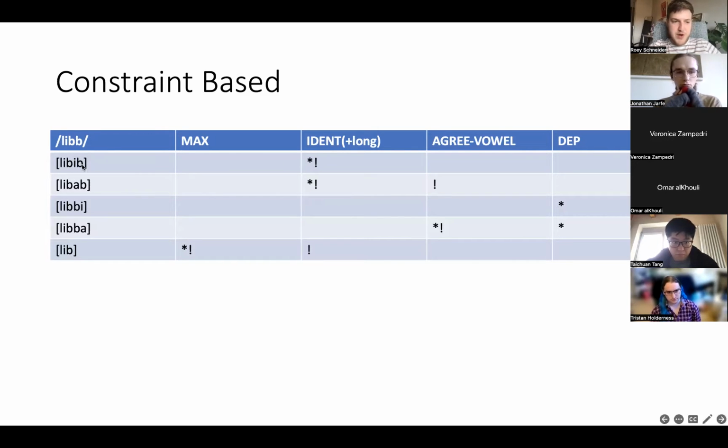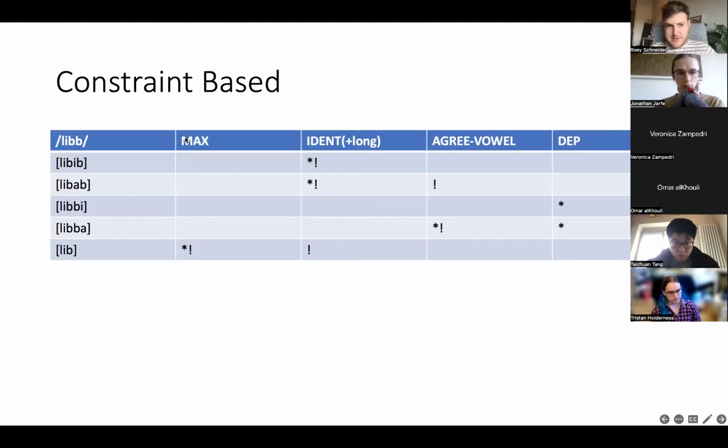So these are just different options of realization, and they are each ranked by how many constraints they violate. So what are constraints? Constraints are things that languages don't like or something like that. But obviously, every word violates some kind of constraint. So languages differ in the way they rank the different constraints by importance.